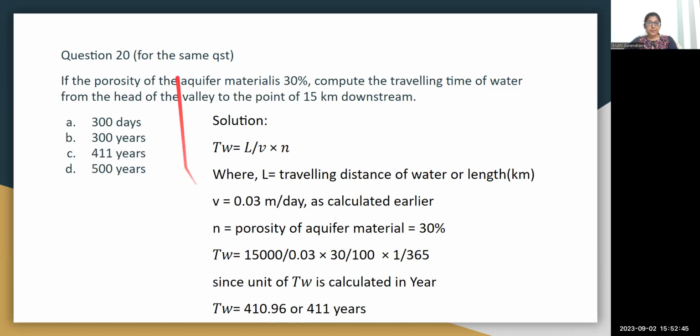Okay, so let's see. Here, like I said, the formula is the traveling time of water is equal to distance traveled by the water or the length of the path divided by the velocity.